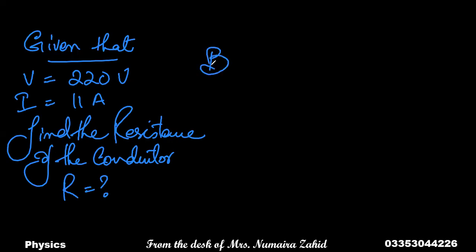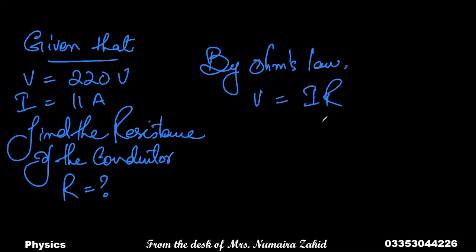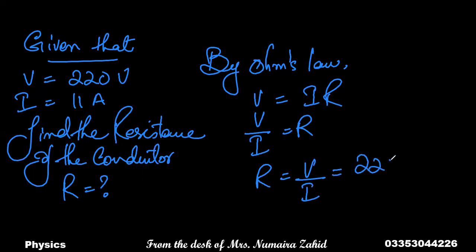In this situation, we use Ohm's law. By Ohm's law, V is equal to IR, and making R the subject, R is equal to V over I, which is found to be 20 ohms. Got it?